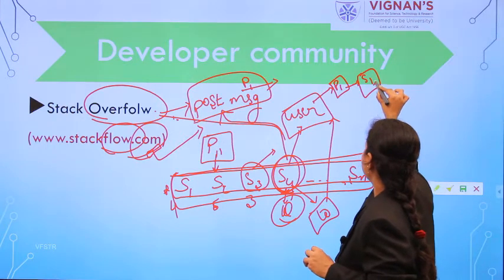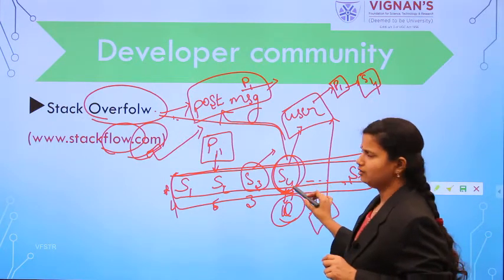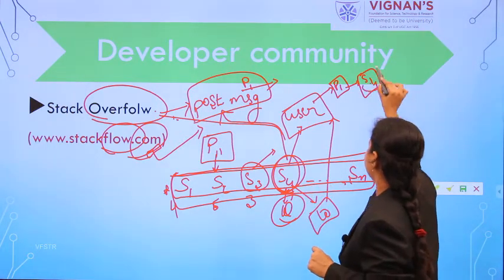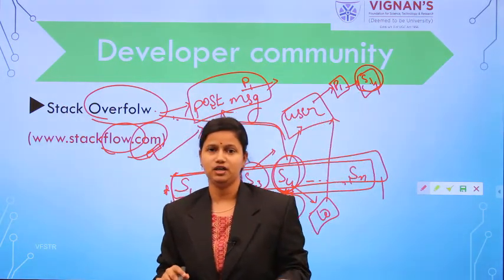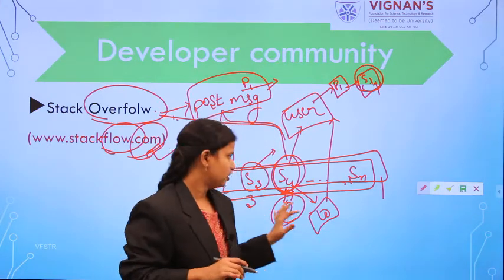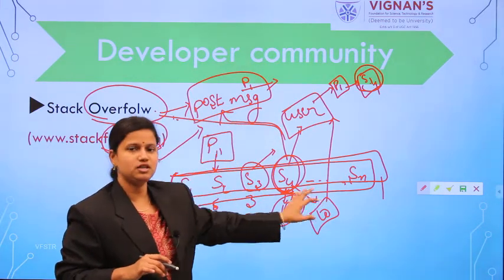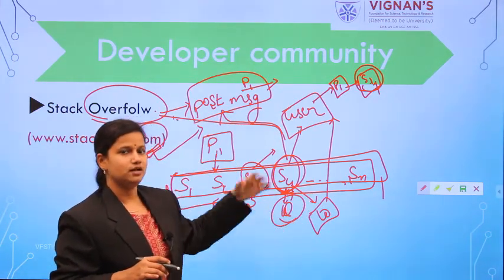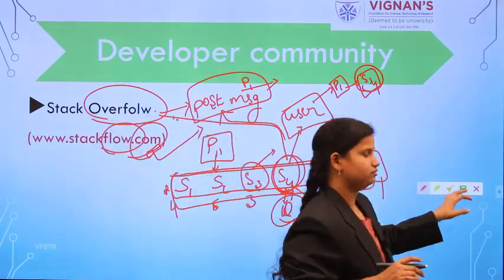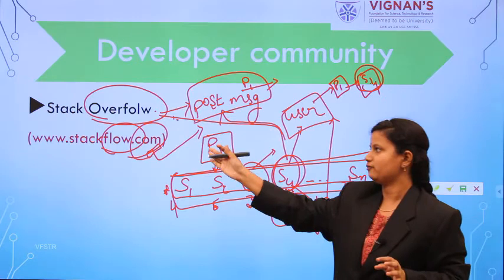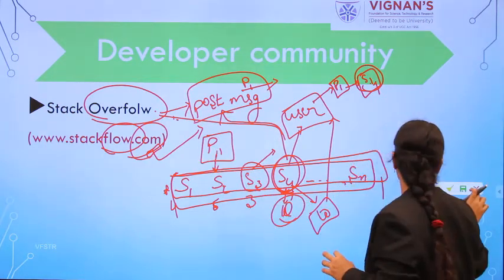S4 is found only by using the highest rating. From the different solutions, the one with the highest rating is given as the solution, and that one is suggested by using stackoverflow.com.